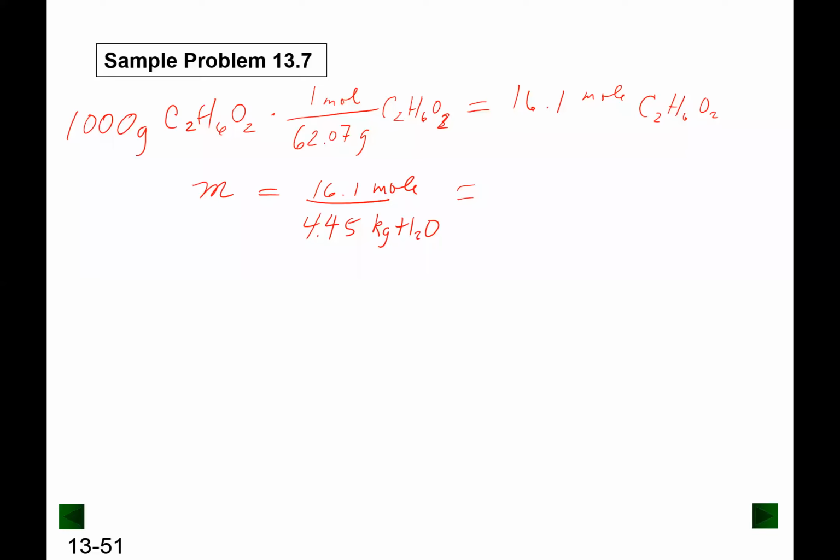To carry out this calculation, we're going to get 3.62 molal of our ethylene glycol.